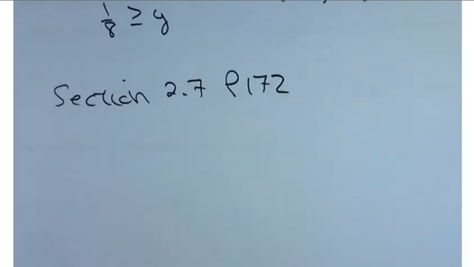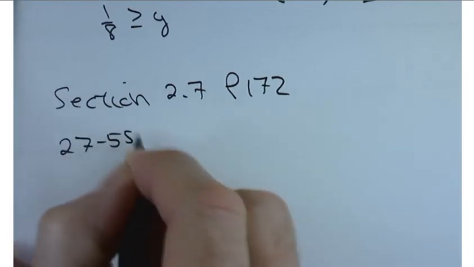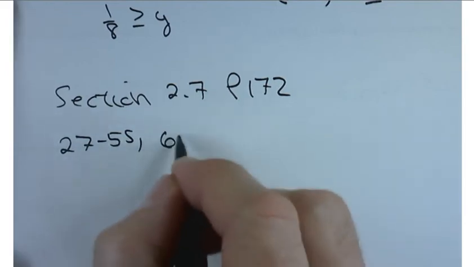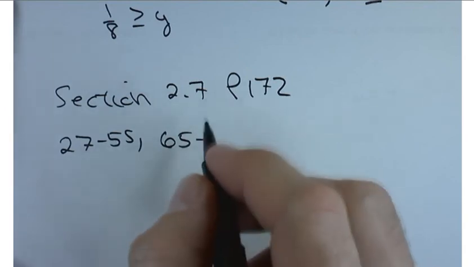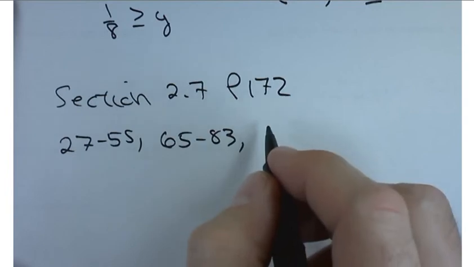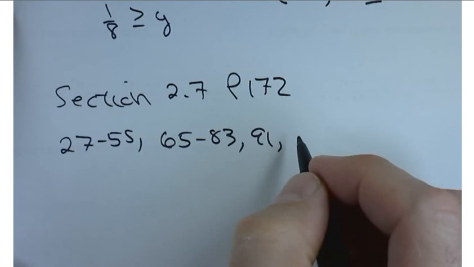Try 27 through 55 and 65 through 83, and then a couple like 91 and 95.